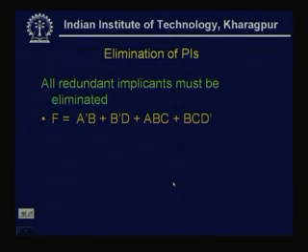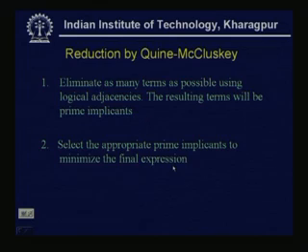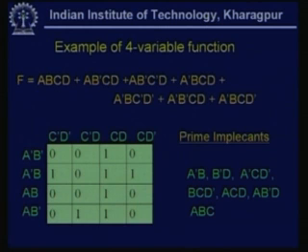Now, if I take another example, the previous page we have seen an example where the prime implicants are A dash B, B dash D, A dash C D, B C D dash, A C D, A B dash D and A B C. So, these are the prime implicants.